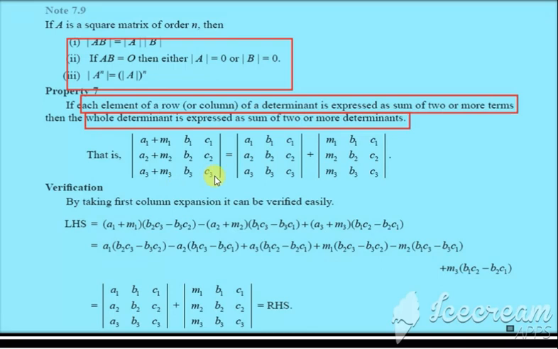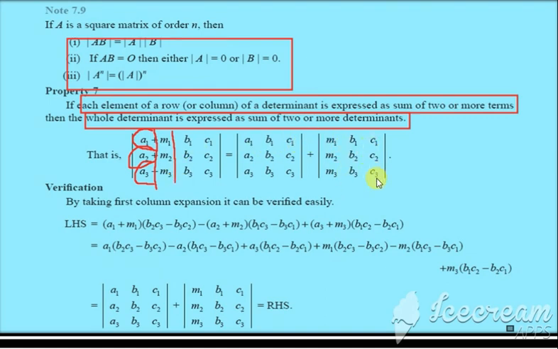I am taking here the first column, which has the sum of two elements, a1 plus m1. Writing these two elements, I am going to split into two determinants. So what will we get? a1 b1 c1, a2 b2 c2, a3 b3 c3, that is one determinant, plus another determinant with m1 m2 m3 and b1 b2 b3, c1 c2 c3.